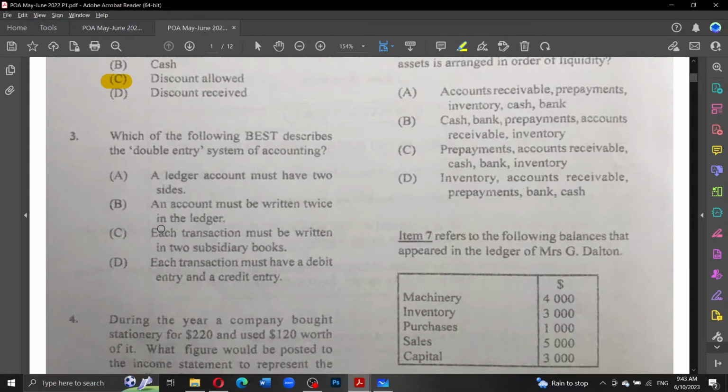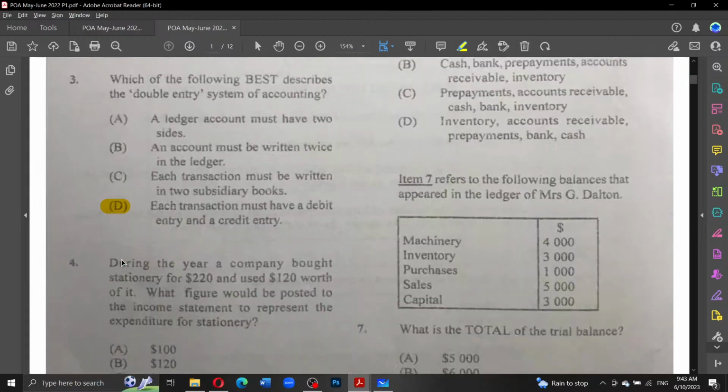A ledger account must have two sides. While that is true, it's not totally clear. An account must be written twice in the ledger. Twice in which side? This is also not clear. Each transaction must be written in two subsidiary books. That's not correct. Each transaction must have a debit entry and a credit entry, and this will be the answer.